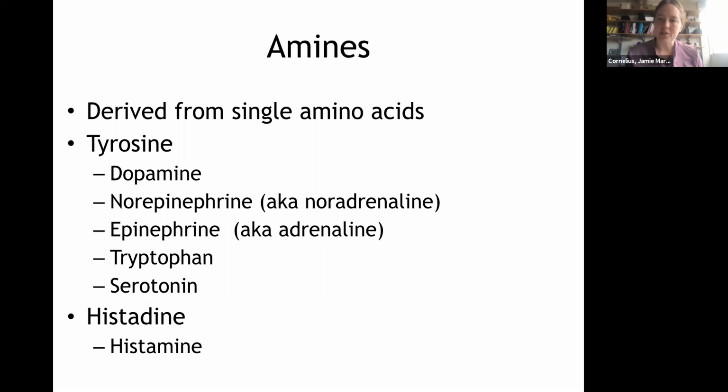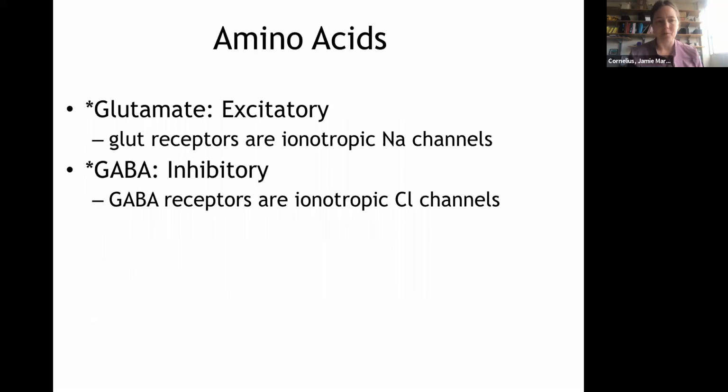Adrenaline is the British English version, and epinephrine is the American English version. But they refer to the same hormone, same neurotransmitter, and it can be confusing, but essentially epinephrine and norepinephrine are referred to as the adrenergic hormones, neurotransmitters. I keep doing that. I have hormones on the brain because it's what I usually do.